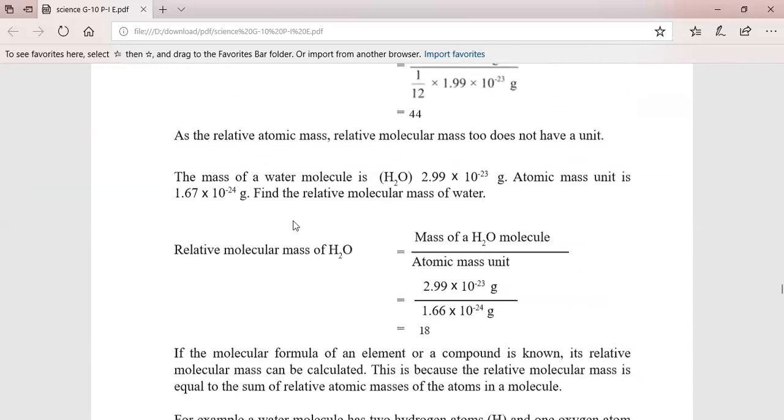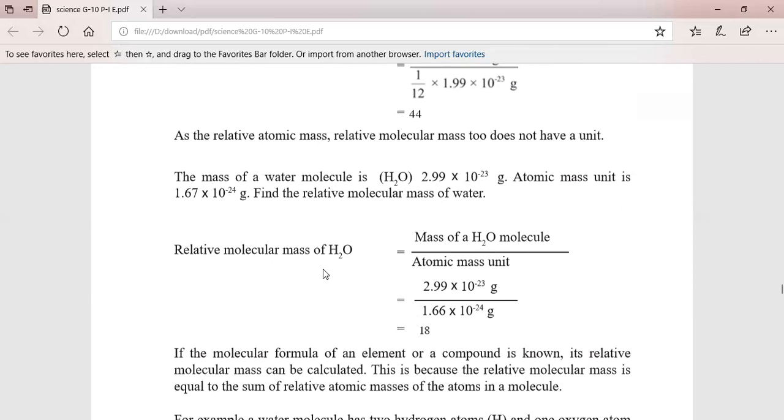Here, the relative molecular mass of H2O, the water molecule. The mass of a water molecule is 2.99 into 10 to the power minus 23 grams. We apply the data to the equation. The value is 18.